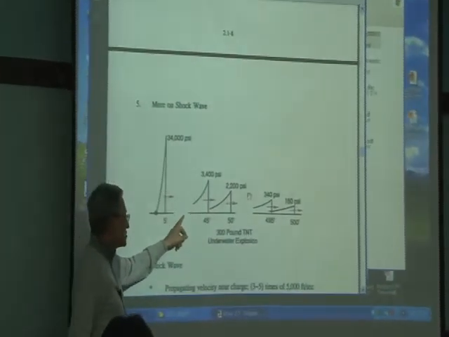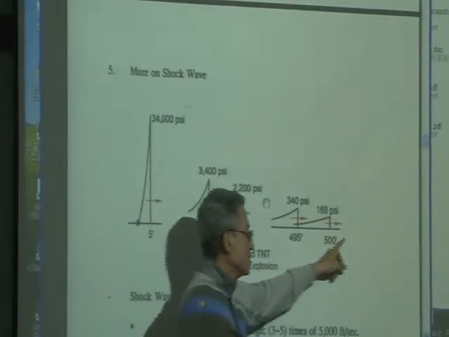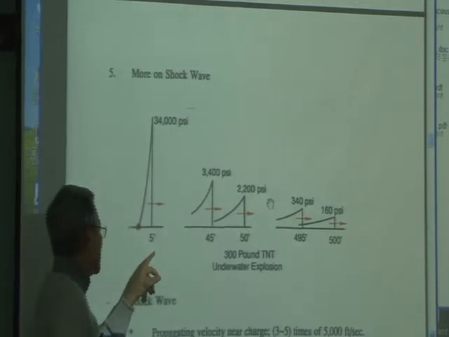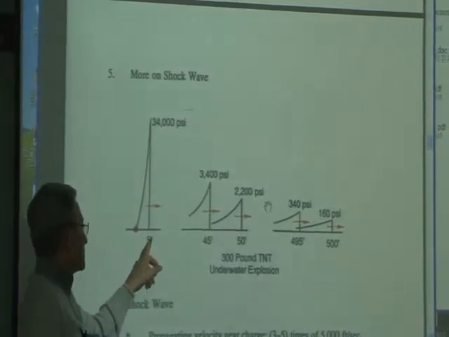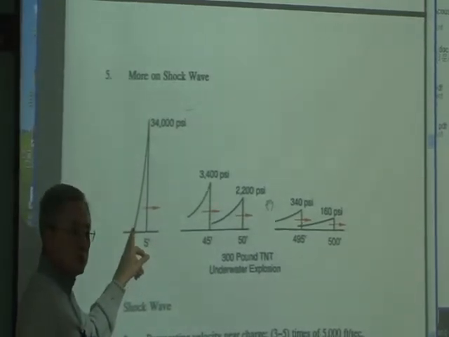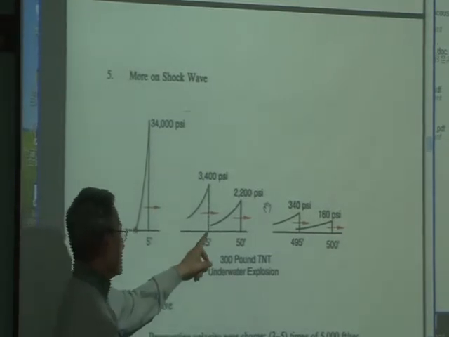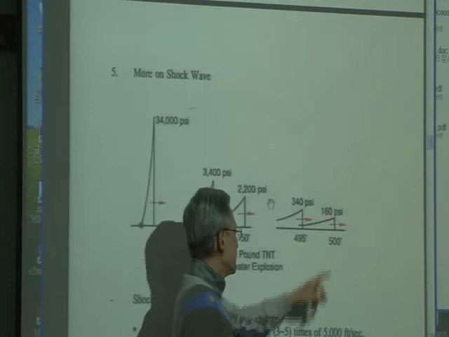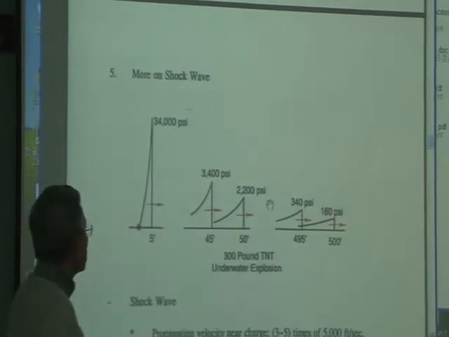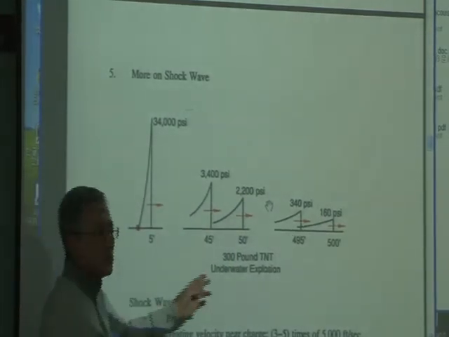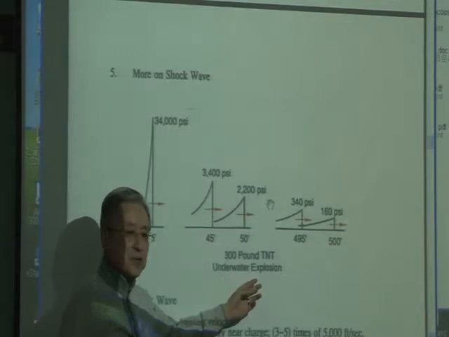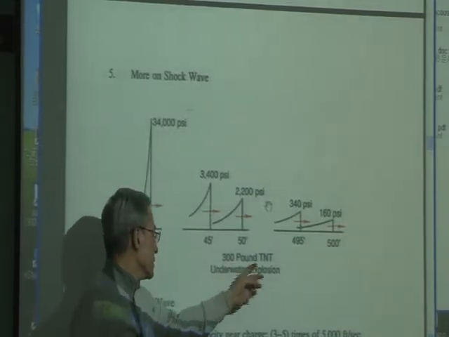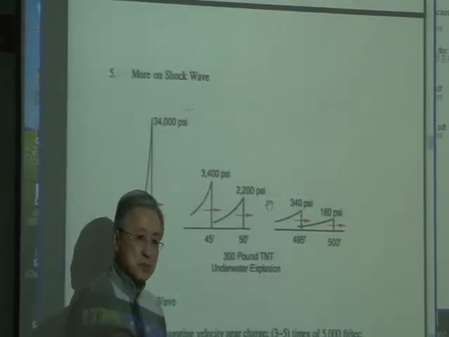And this is the physical distance. So this means 5 feet away from the charge, 45 feet away, 50 feet away, all the way to 500 feet away. And this happened to be 300-pound TNT, in underwater explosions.